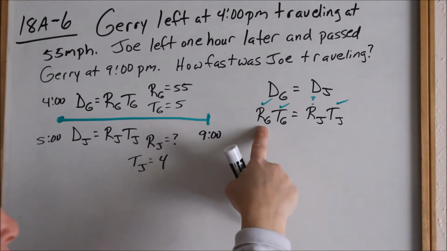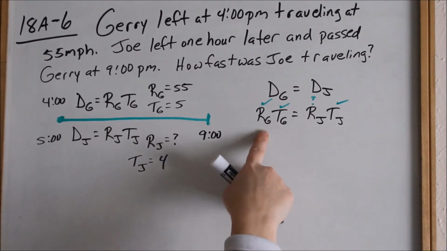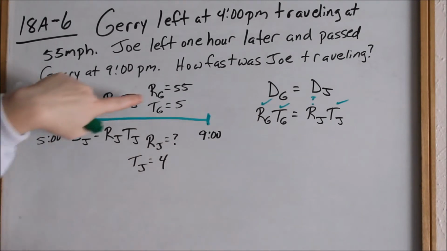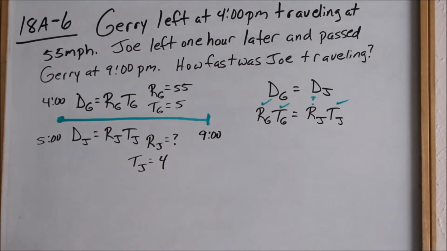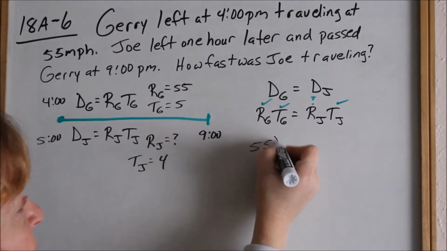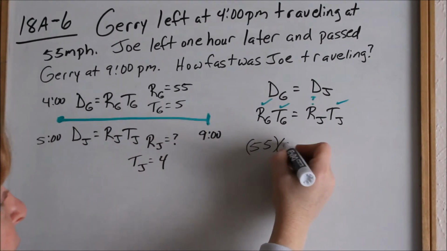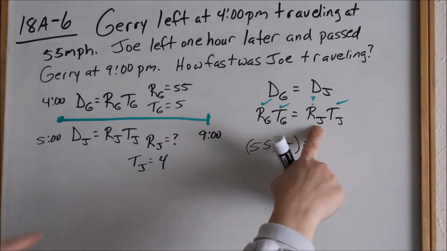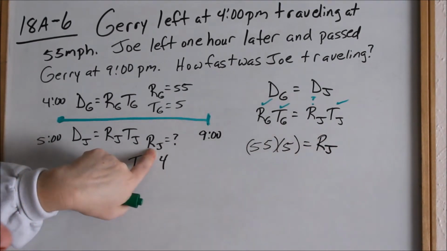So let's fill in what we know. I'm just going to drop all my units for ease of calculating. Everything was in the same units. My rates were in miles per hour, my times were in hours, so everything matches. Jerry's rate is 55. Jerry's time was 5. Joe's rate, that's what we don't know, so I'm just going to leave that as my unknown.